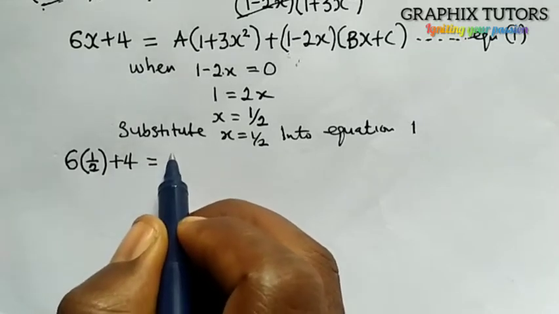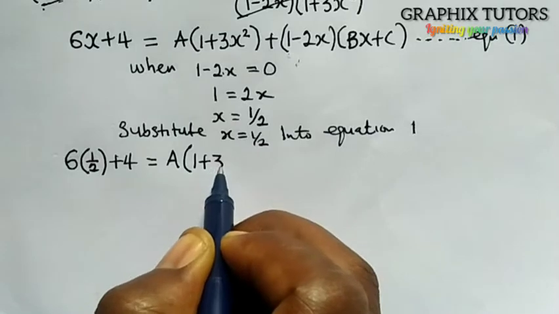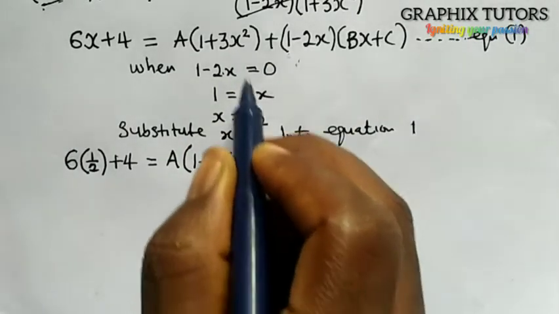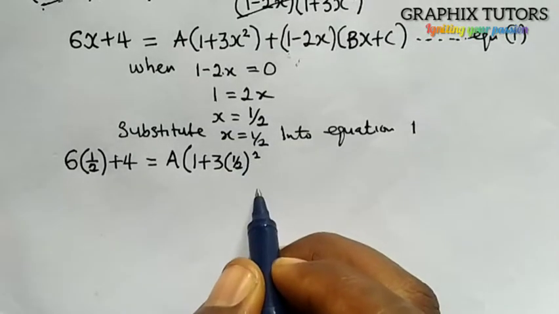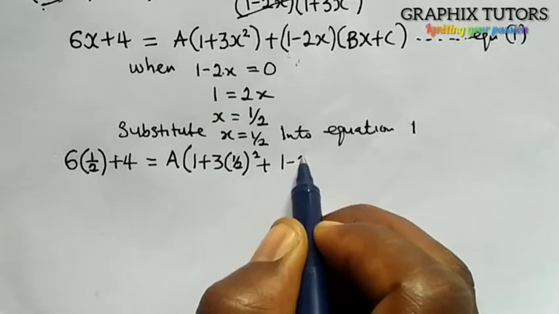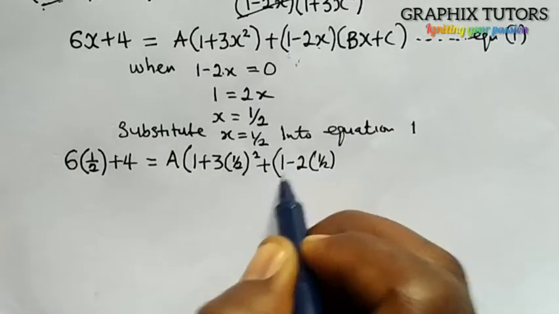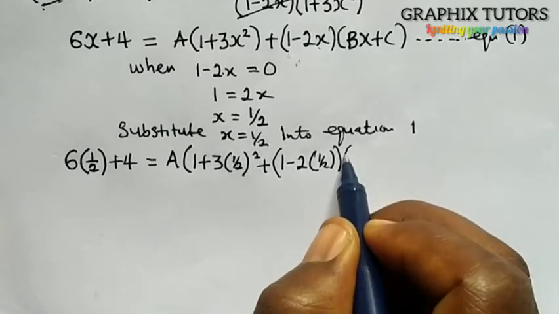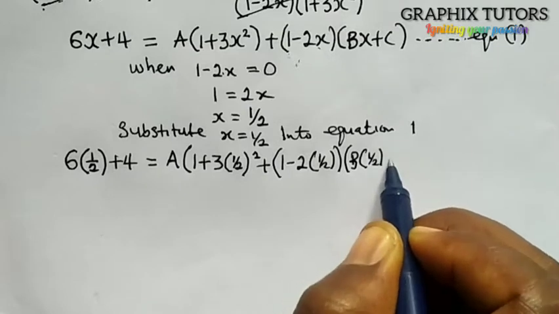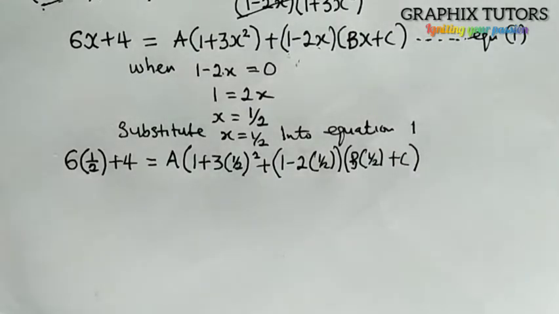Equals a into bracket 1 plus 3, but x is equal to 1 over 2, and there's a square there, so I put my square, plus 1 minus 2, but x is 1 over 2. Close the bracket, open the other one, b into bracket 1 over 2 plus c. So I put my 1 over 2 there.